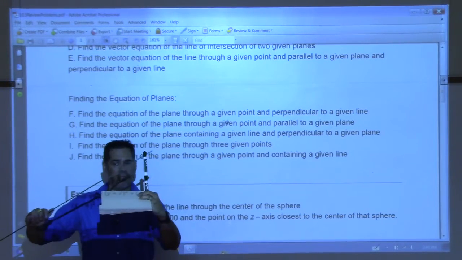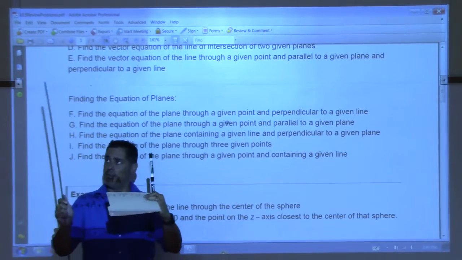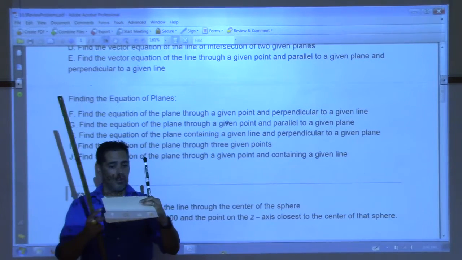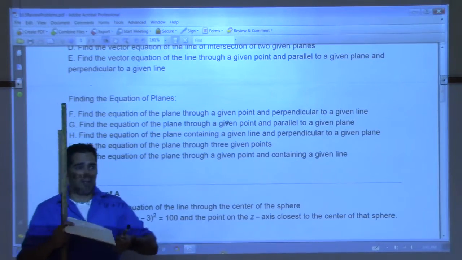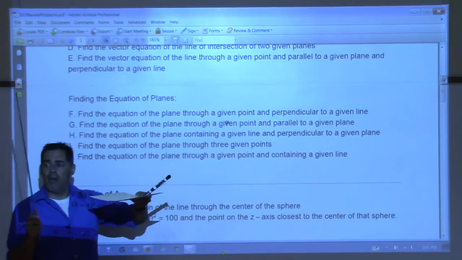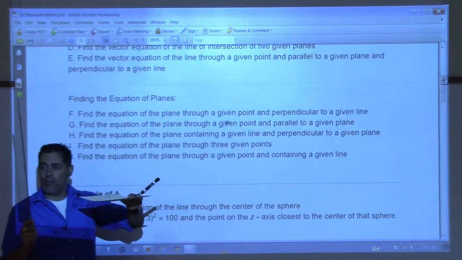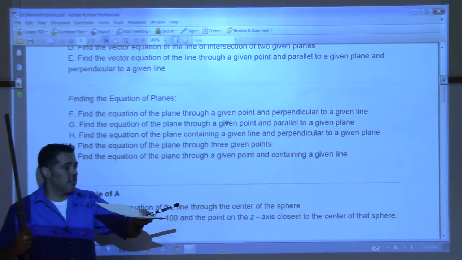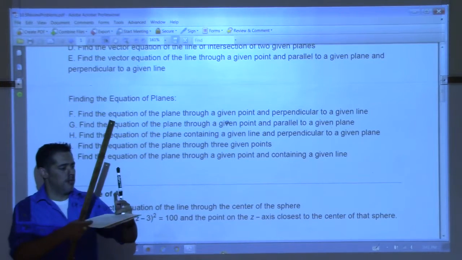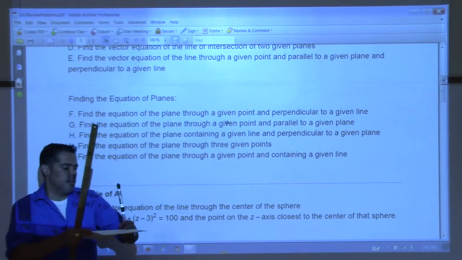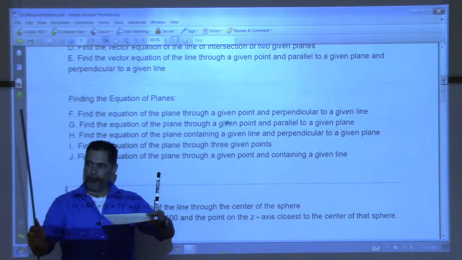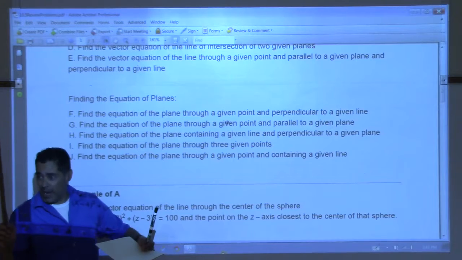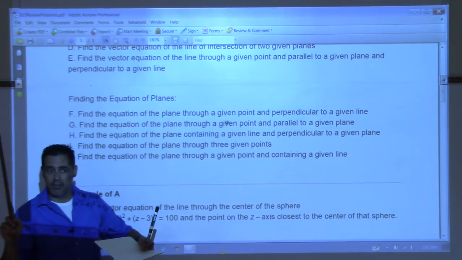The normal vector of this is parallel to the direction vector of this, right? So if I give you a point and I say find the equation of the plane that is perpendicular to this, then all you need is the normal of this plane, which you could use what? Use the V, the direction vector of this line, right?